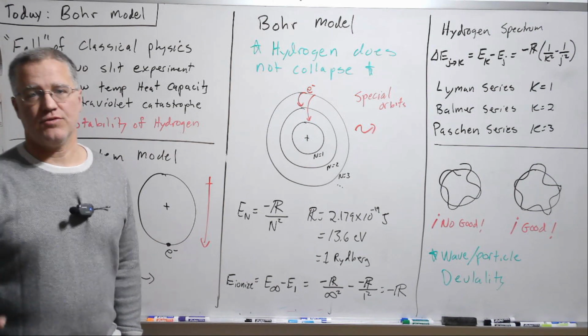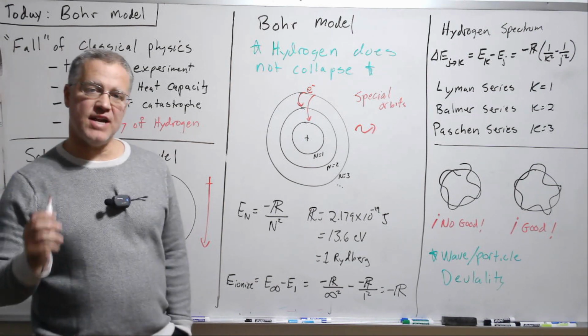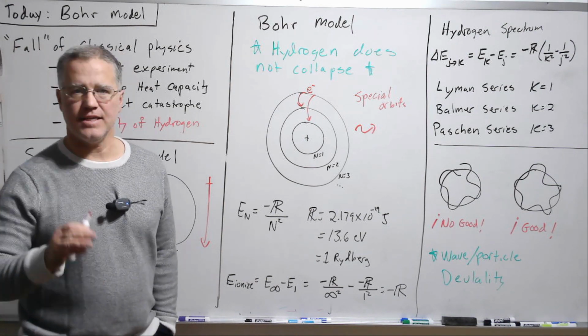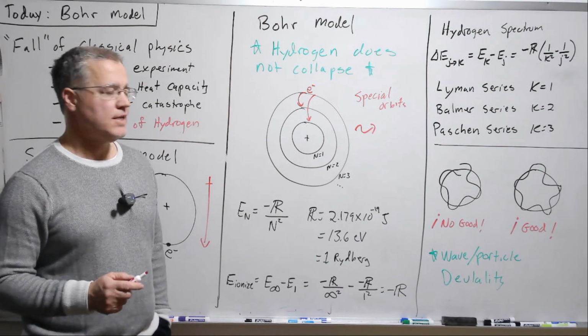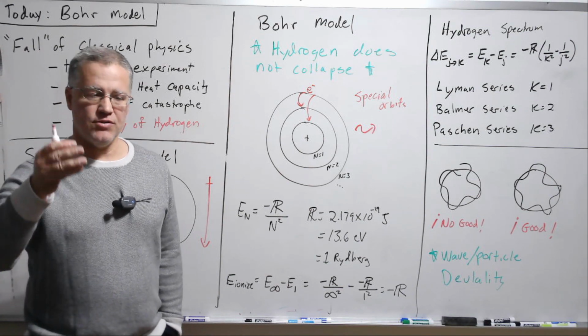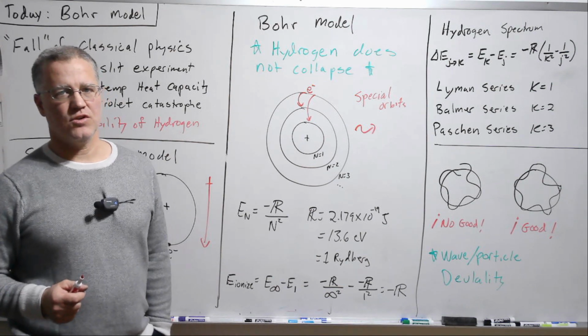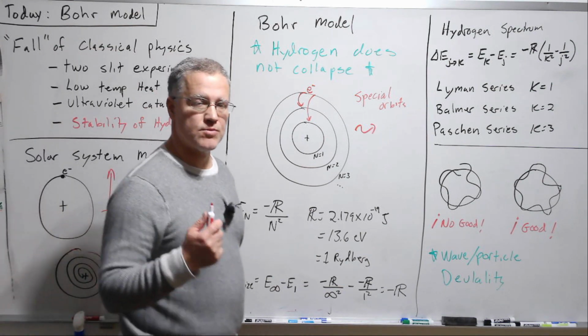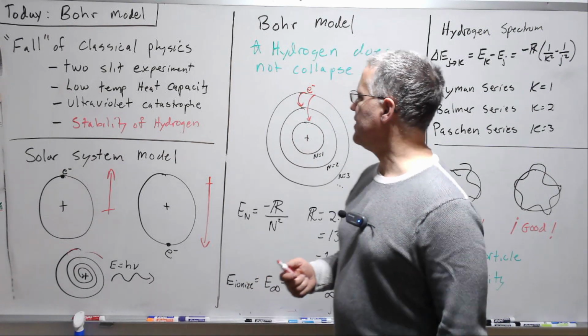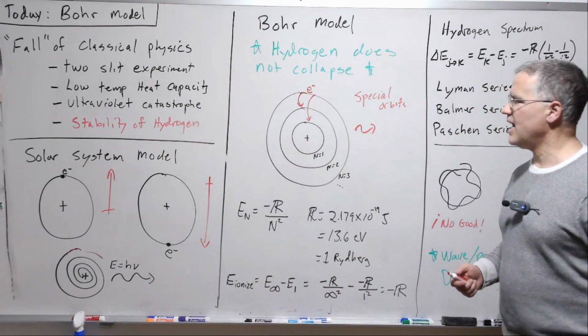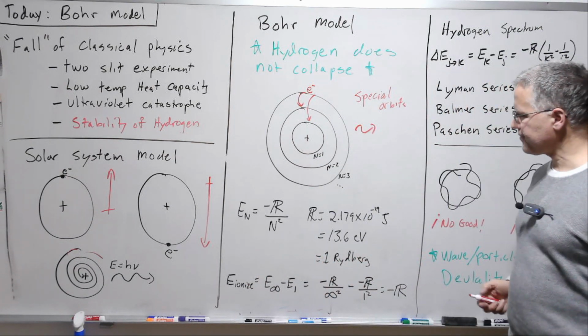So that would be a discrete value. Now, we have not talked about light yet. We certainly will. If we know the energy of the light, we know the frequency or the wavelength. That's fixed. So we would match what is experimentally observed, that hydrogen has these discrete line spectra.